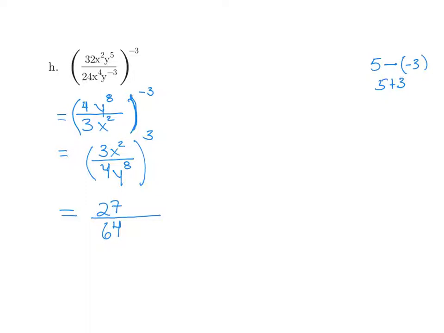I want to multiply my exponents. So we get x squared cubed is x to the 2 times 3, or 6. Y to the 8th cubed, we're going to multiply 8 times 3, and we get 24. And there is our final answer.